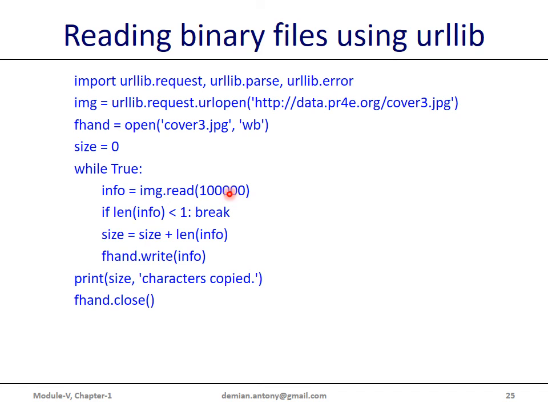You can read that number of bytes and transfer directly onto the secondary file, and finally you can close the file to reflect all the changes in the secondary storage.